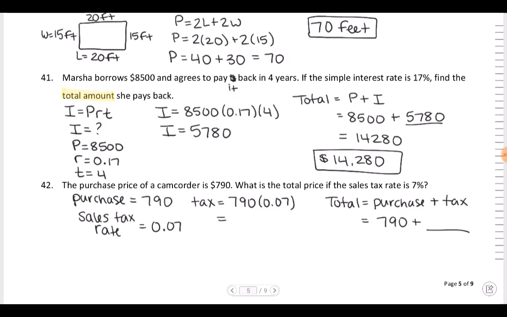So 790 times 0.07 is equal to 55.3, $55.30. I'm going to put a 30 because it's money, right? So let's write that over here, and we'll need to add that on to the 790. So plus 790 equals $845.30. So let me put my dollar sign on it, 845.30. Okay.